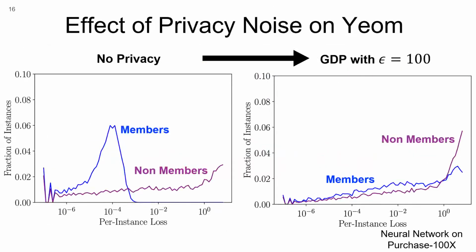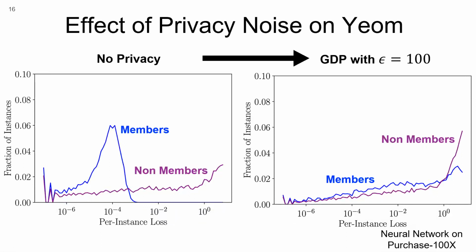Next, we study the effectiveness of differential privacy in defending against membership inference attacks. The figure on the left depicts the distribution of per instance loss of members and non-members for a non-private model. And the figure on the right depicts the distribution of per instance loss for a private model trained with Gaussian differential privacy with a privacy loss budget of 100, which doesn't provide any meaningful privacy guarantees in theory.